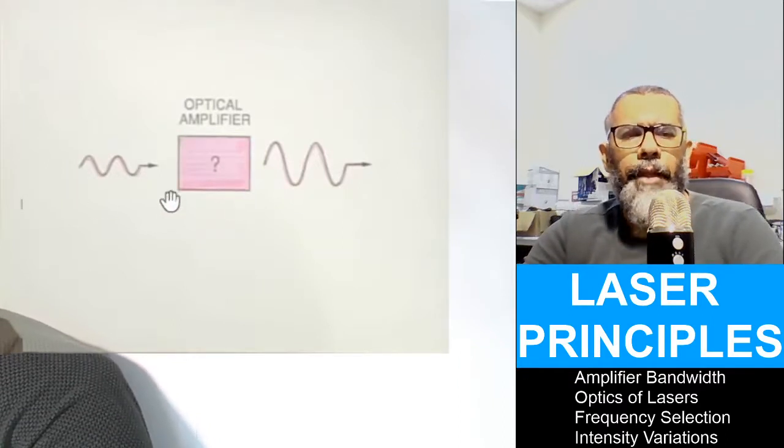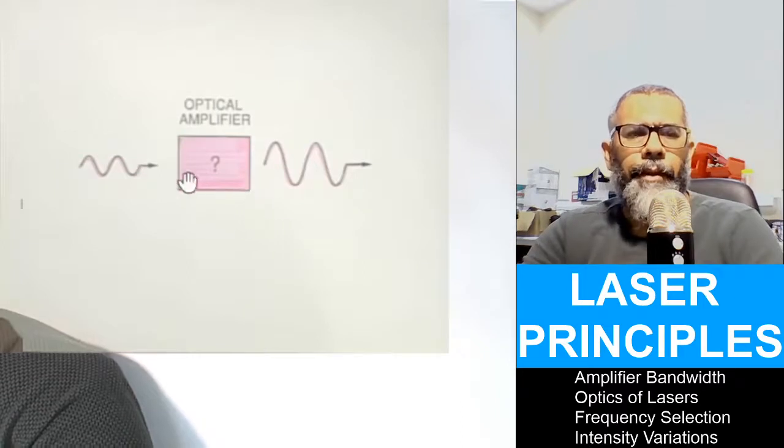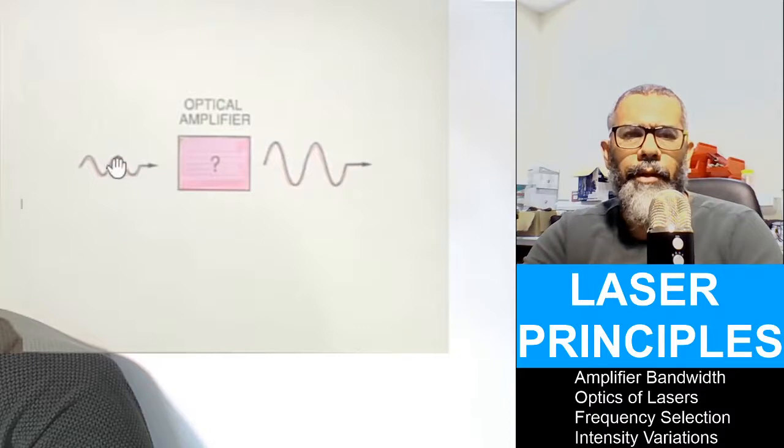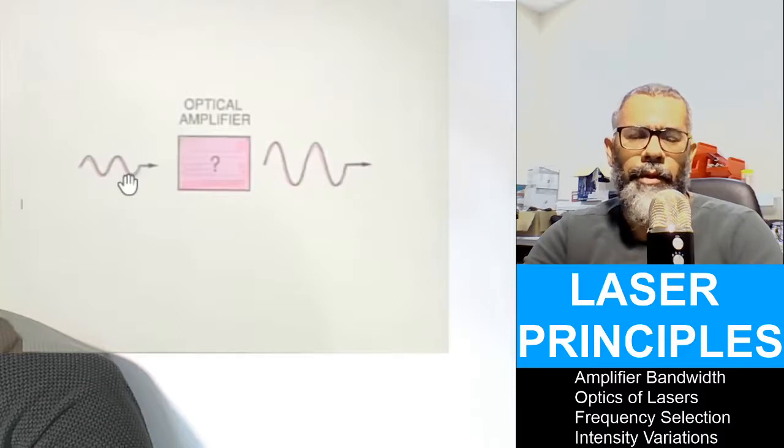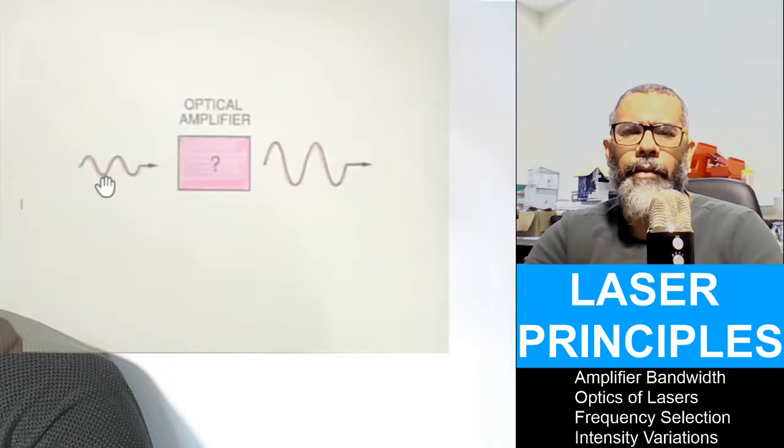This is the typical picture. If you look at the number of peaks, in the input light it doesn't change. What I'm trying to say is that the wavelength of the input light and the output light are just the same.